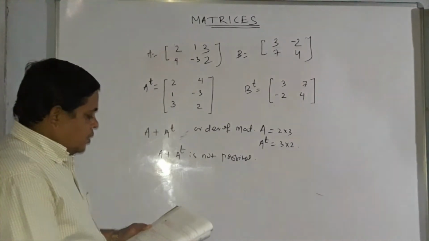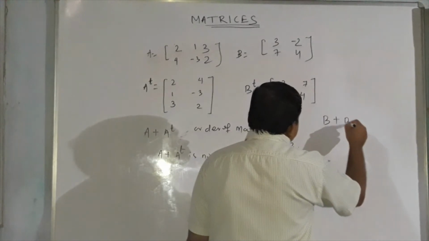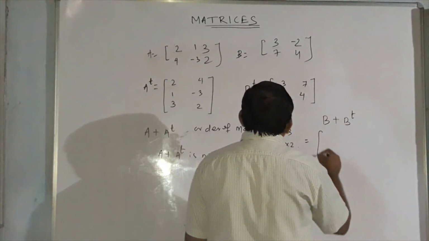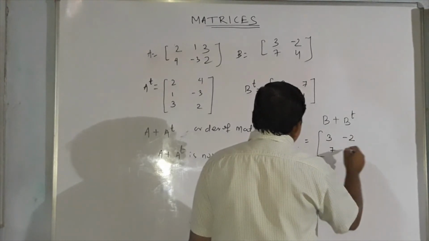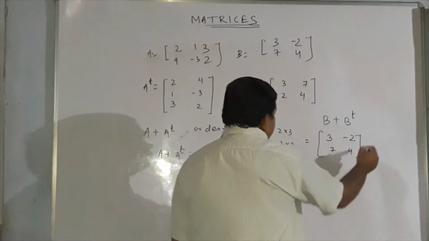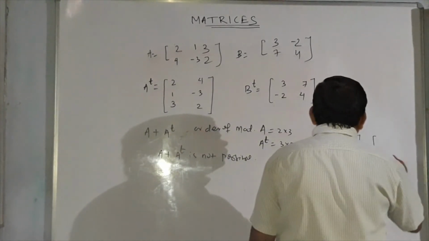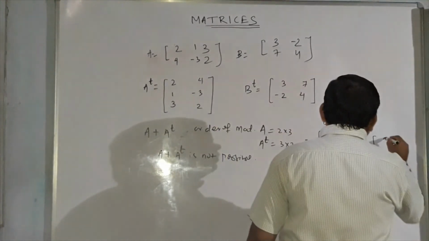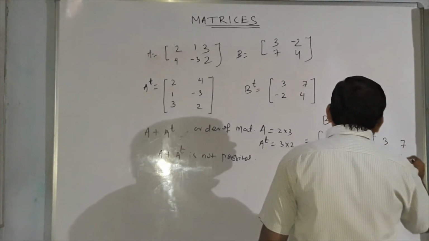The first part is over. Then the second part is given: find B plus BT. Now write B: 3, minus 2, 7 and 4. Then BT is 3, 7, minus 2, 4.